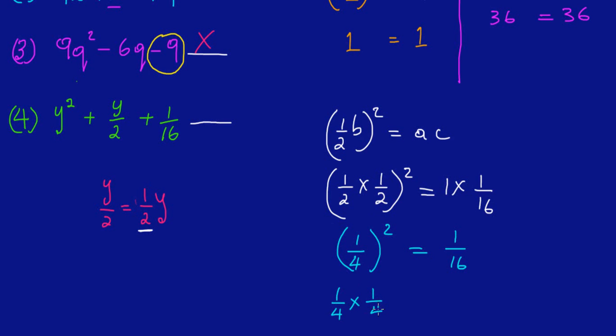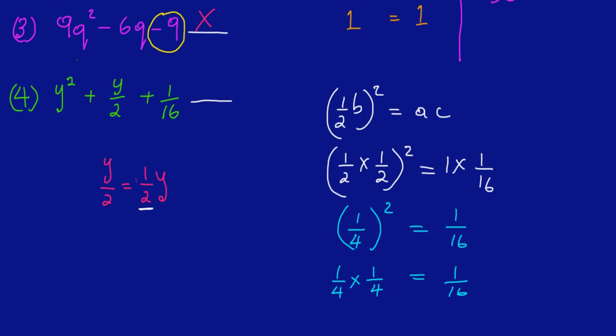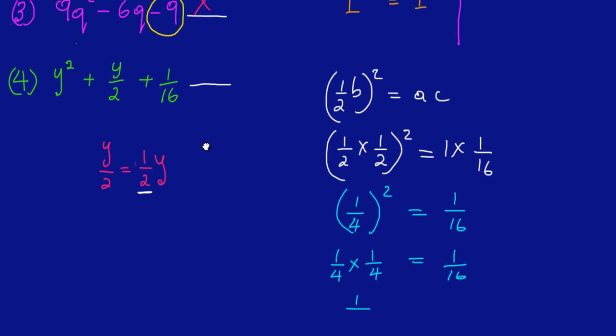So a quarter times a quarter must be equal to 1 over 16, and here we can see that we arrive at the same answer. 1 times 1 will give me 1, and 4 times 4 will give me 16. So I have 1 over 16 is equal to 1 over 16. So again, I have a perfect square here.